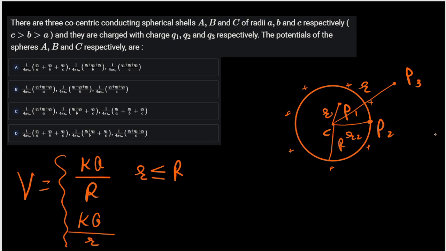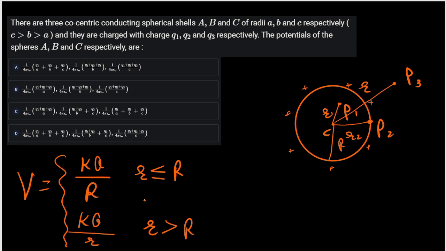But when we go outside the shell or sphere, the position of this point becomes important. At what distance is this point P3 located? If it is located at a distance small r, then the potential there will be KQ by small r. So for r greater than capital R, where r is the distance of the point from the center of the shell.